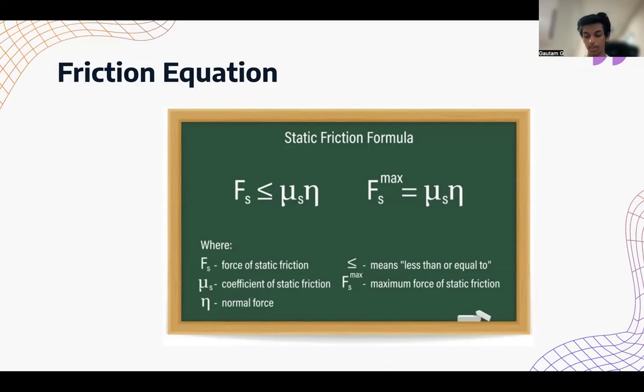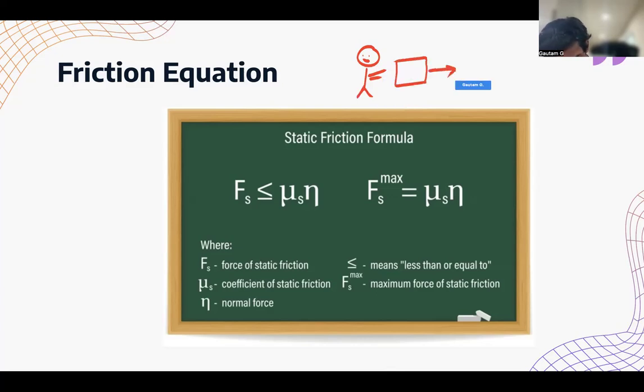You can clearly see that F sub S is equal to the force of the static friction. Let's say I'll draw Bob again. Let's say this is Bob pushing a box this way.